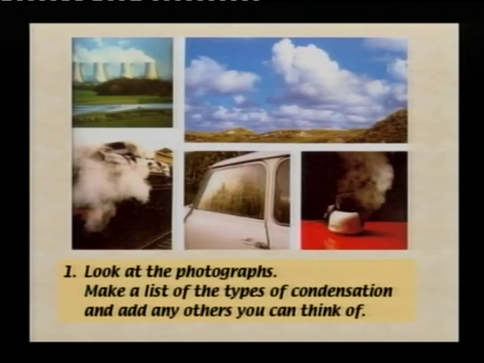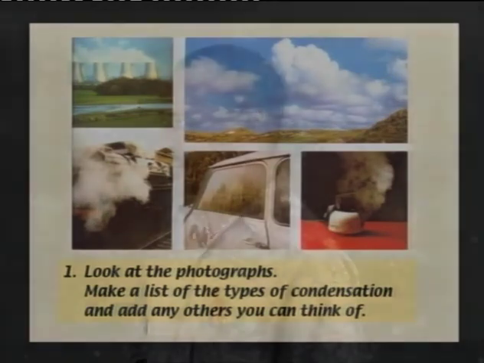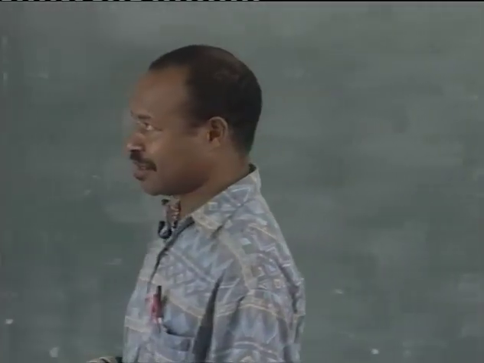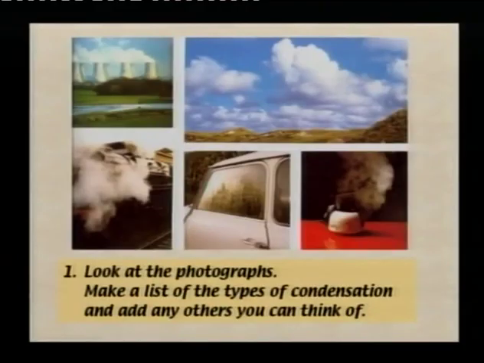Let's take a look at the first photograph there. That's a diagram of a nuclear reactor. What is happening here is heat is given off, so we have a process of evaporation taking place first.